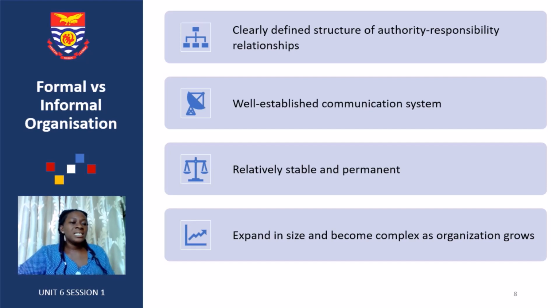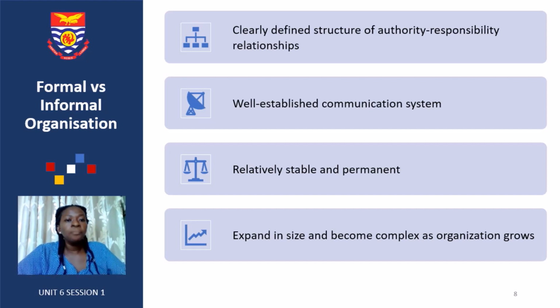So basically the system, structures and everything, we know it. Like UCC, when it comes to UCC, we have our organizational chart, which is defined by management and is public. Everybody knows who is reporting to who, who is under who, and how things work here. So this is a very formal organization with formal organizational structures.